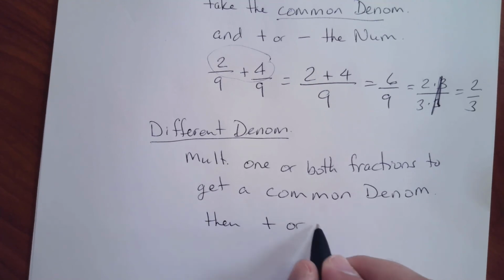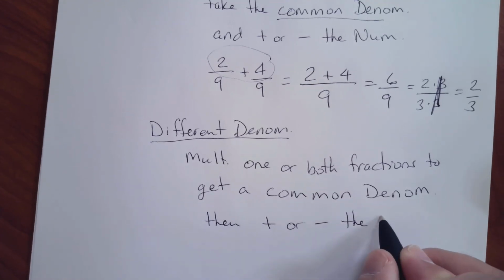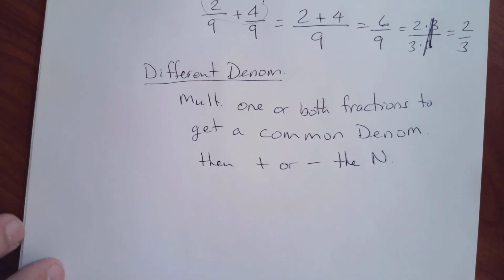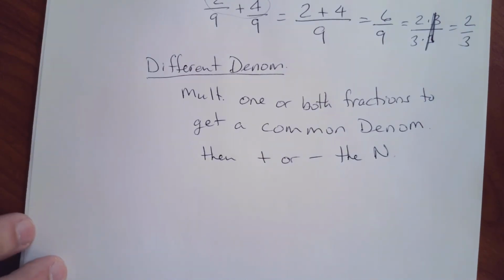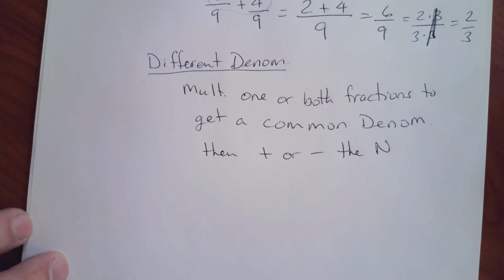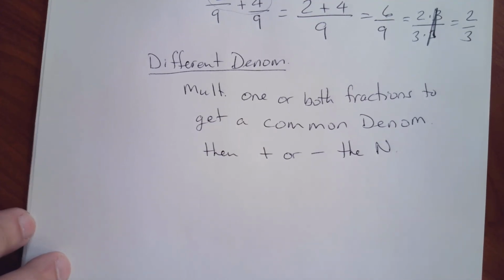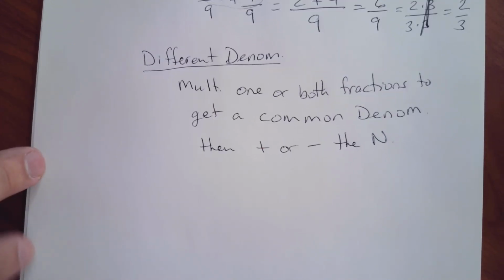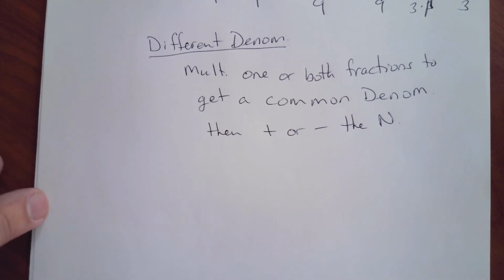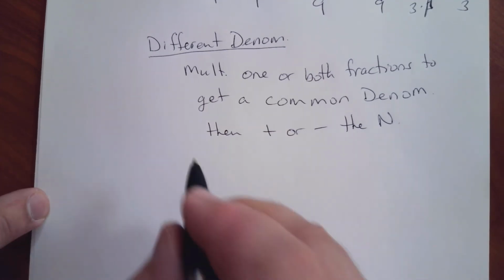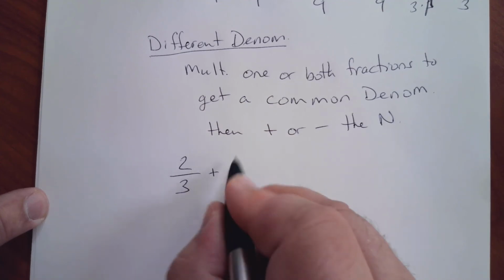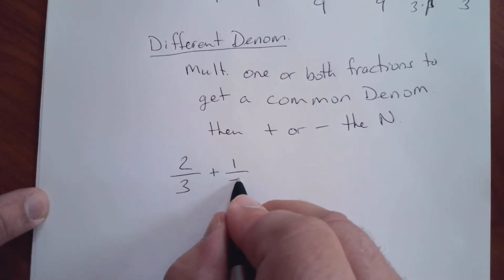Then add or subtract the numerators. So remember, multiply top and bottom by the same number, and add or subtract. So if we had 2/3 plus 1/5.